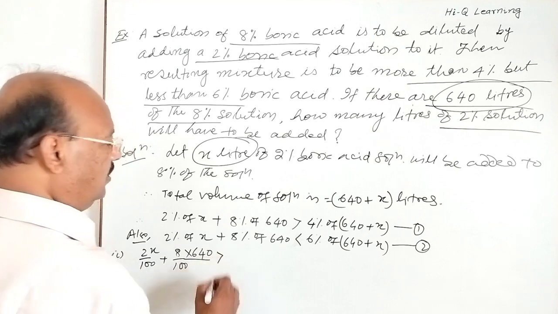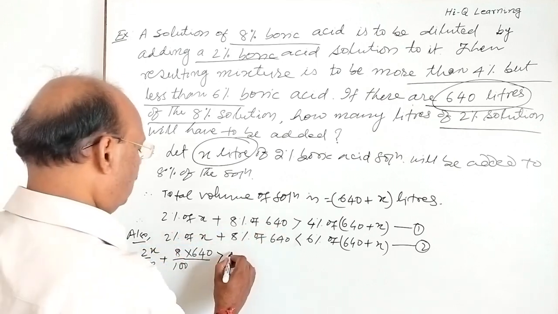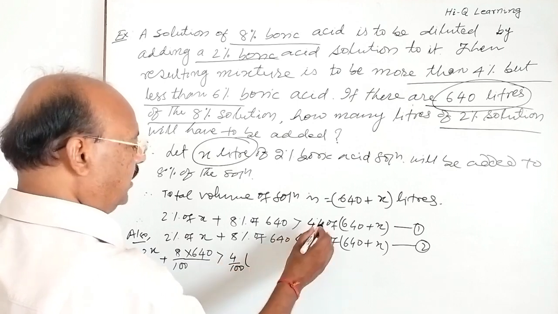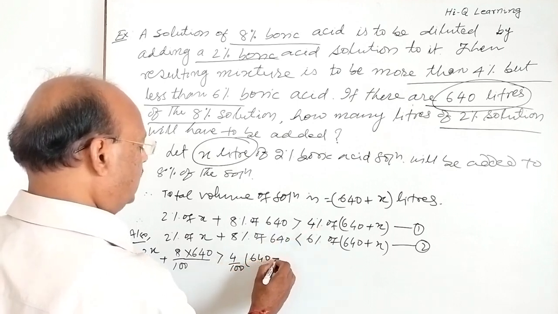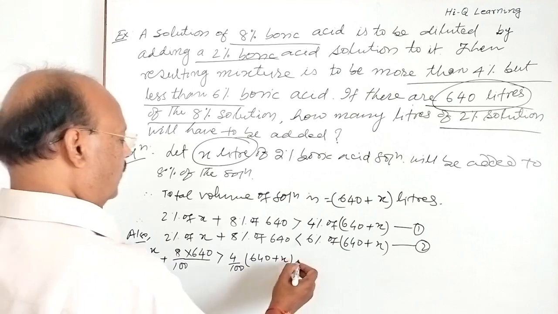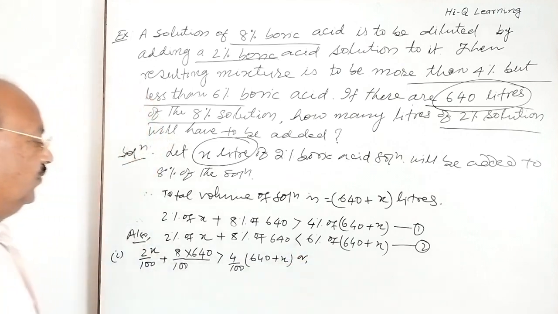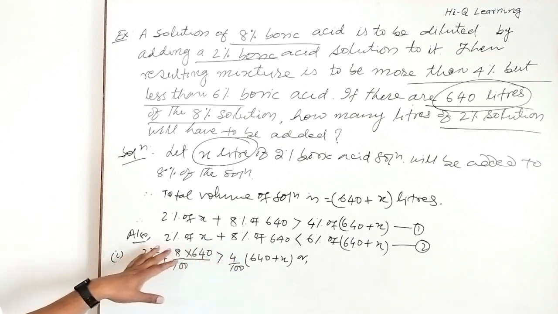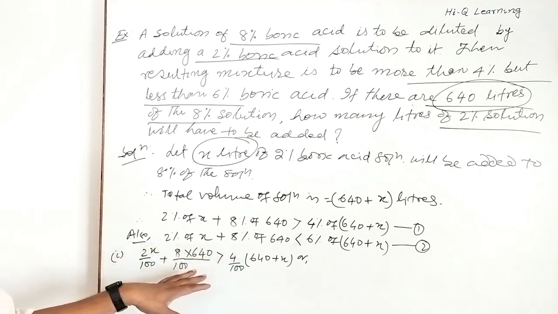This is greater than 4% means 4 by 100 into 640 plus X. Now, for simplifying, let us multiply both sides by 100 so that the denominator will be cancelled out.